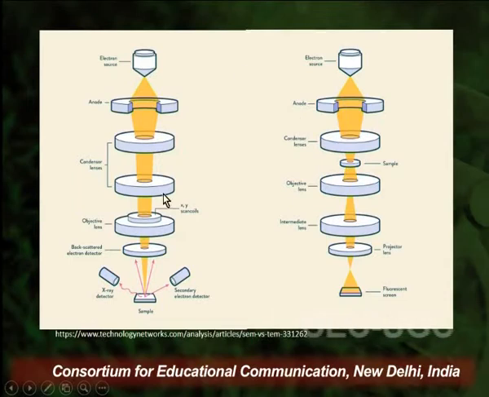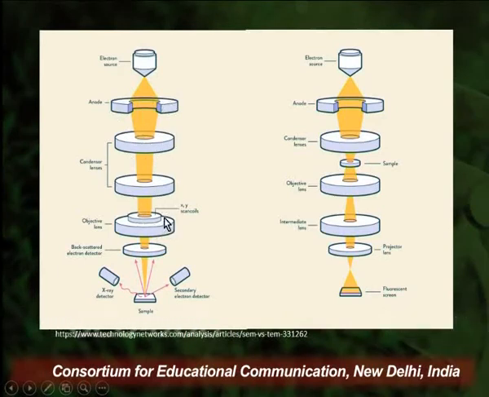Now let us see the basic principle with the help of a schematic diagram of the scanning electron microscope. In the scanning electron microscope, the electron beams are emitted from an electron gun, or you could say the source of the electron beam. They pass through multiple sets of lenses.